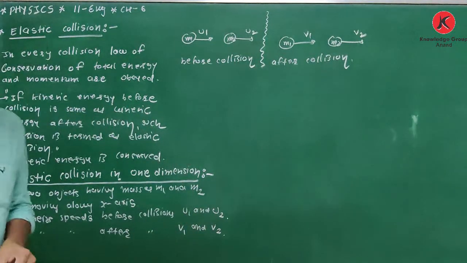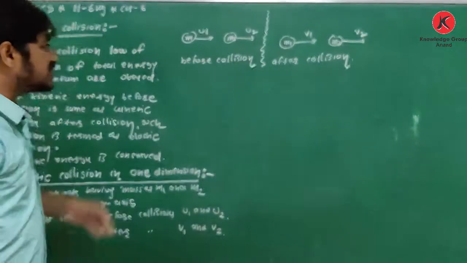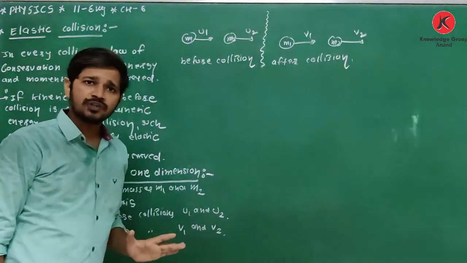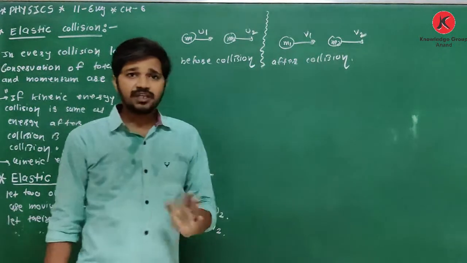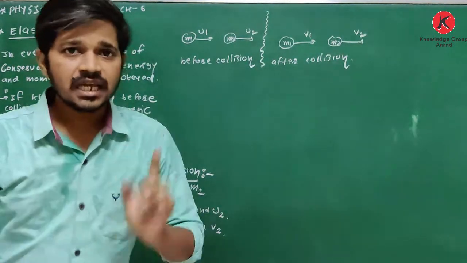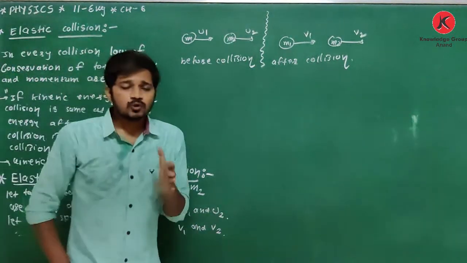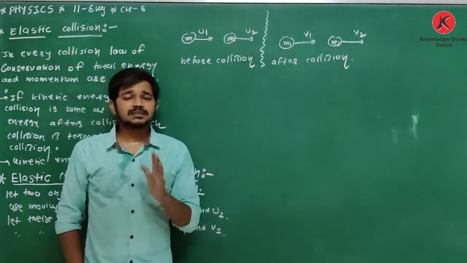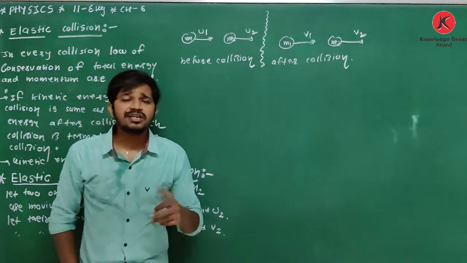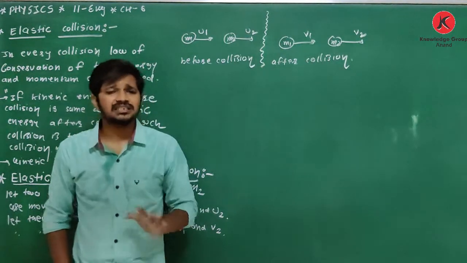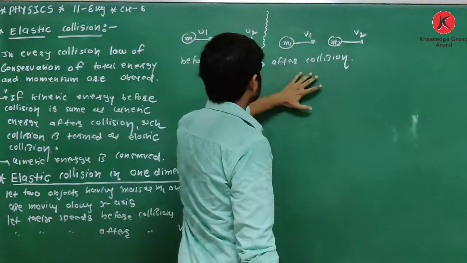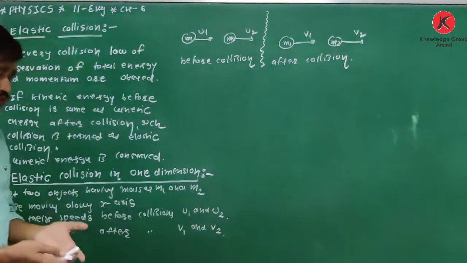So be clear about these notations for speed. u1 and u2 are the speeds before collision, v1 and v2 are the speeds after collision. In collision, when two objects collide, their masses remain the same if they are not disintegrated. So this is the situation before collision, and this is the situation after collision.